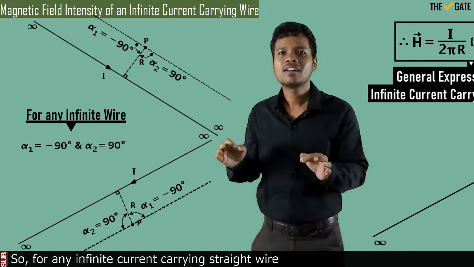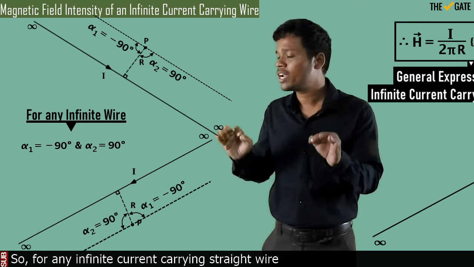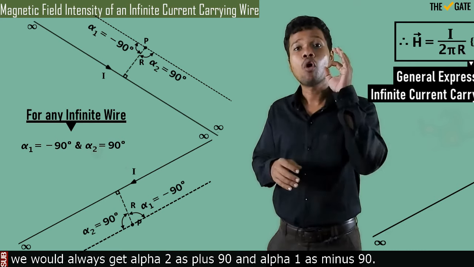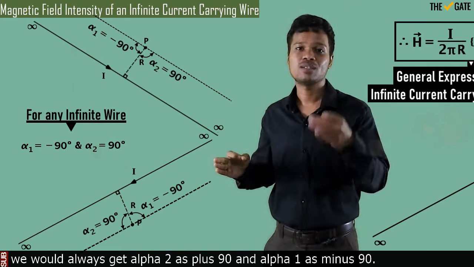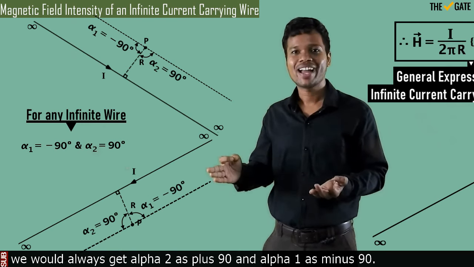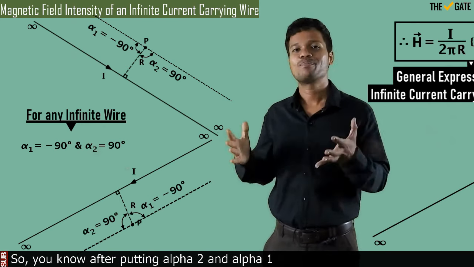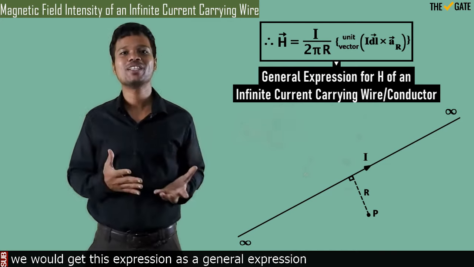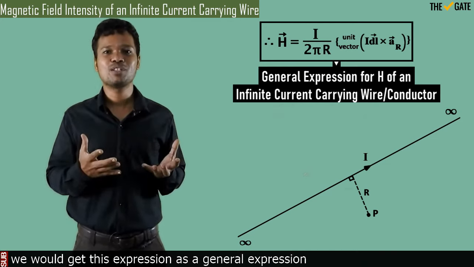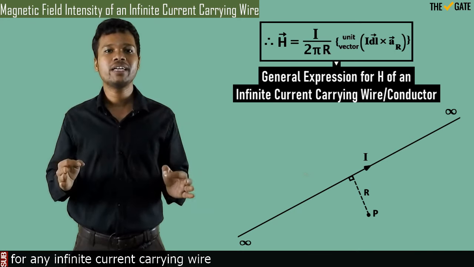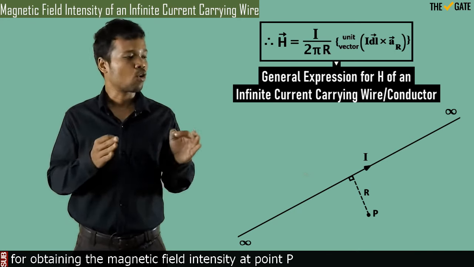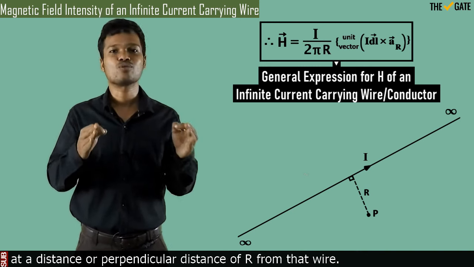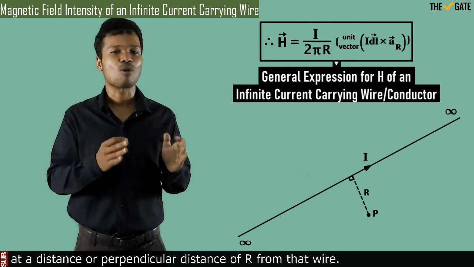So for any infinite current carrying straight wire, according to our convention of the expression, we would always get alpha 2 as plus 90 and alpha 1 as minus 90. After putting alpha 2 and alpha 1, we would get this expression as a general expression for any infinite current carrying wire for obtaining the magnetic field intensity at point P at a perpendicular distance of capital R from that wire.